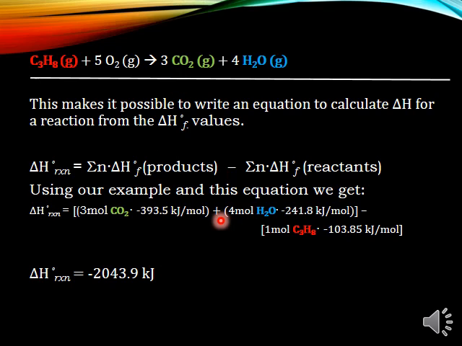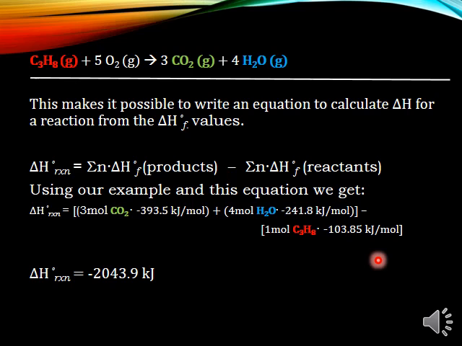We're going to add to that because it's the sum, our water. So we have 4 moles of water times its enthalpy of formation. All of that is for our products. Then we subtract our reactants. We have 1 mole of propane times its enthalpy of formation.